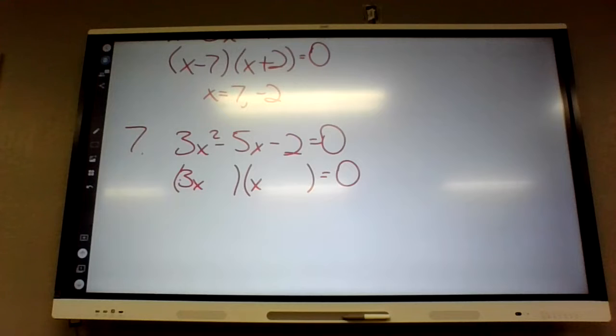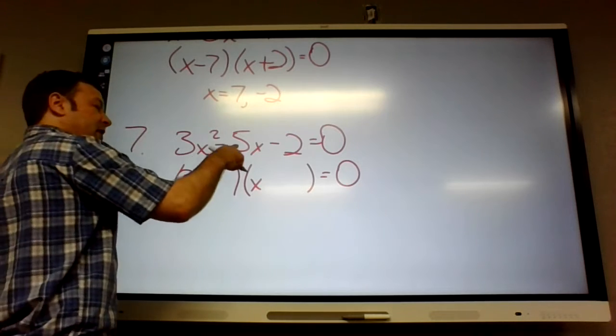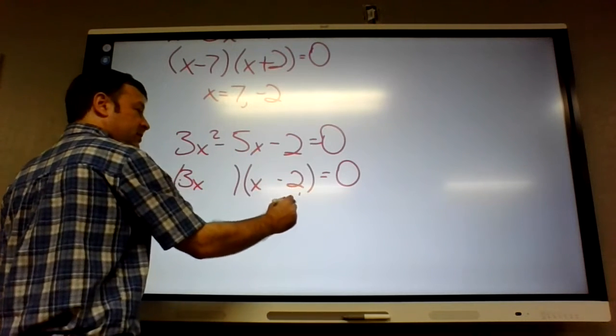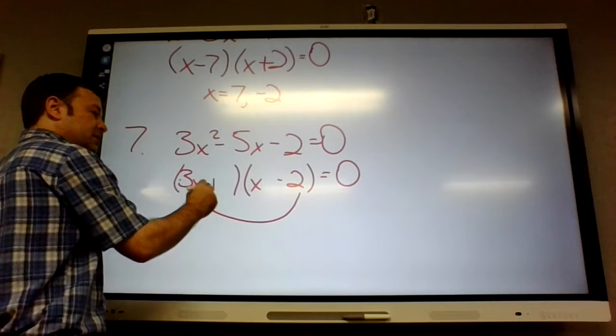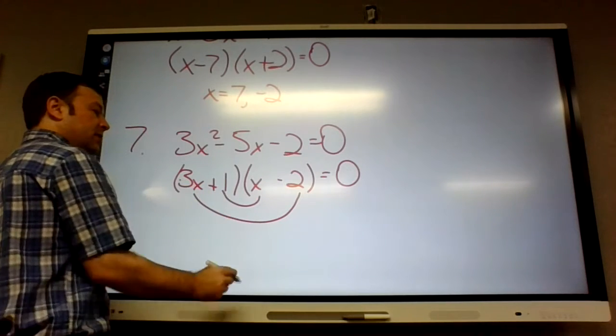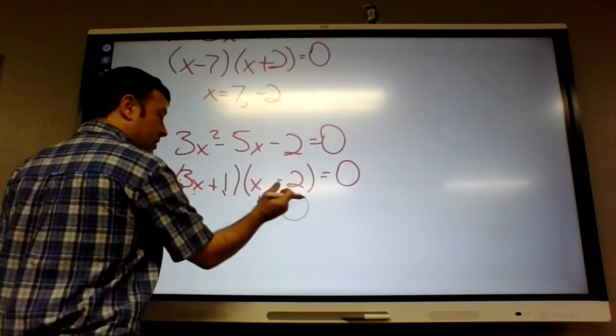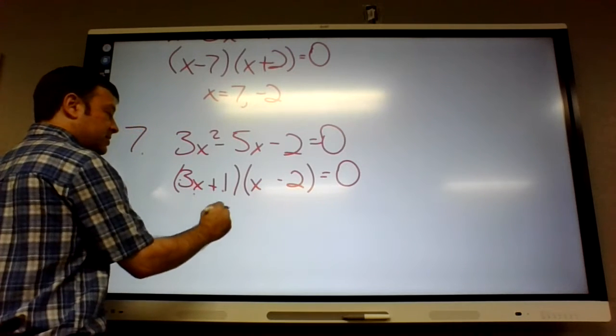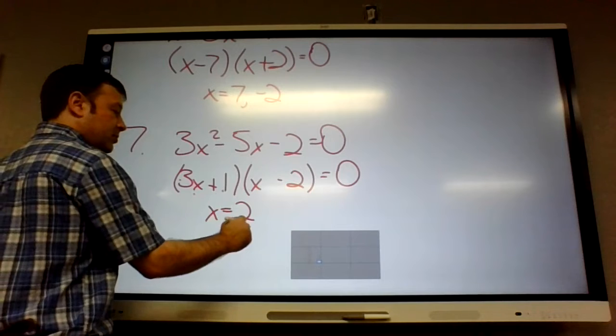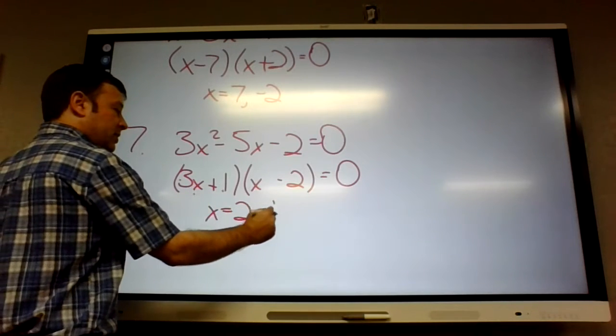What goes into -2? Negative 2 and 1. We want a negative 5 when we FOIL, so if you put a negative 2 out there, that's negative 6. And then the 1 in here, we get to negative 5. You guys remember that stuff? So what x values would make this equal to 0? Positive 2 or negative 1/3.